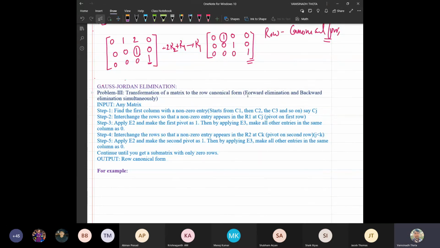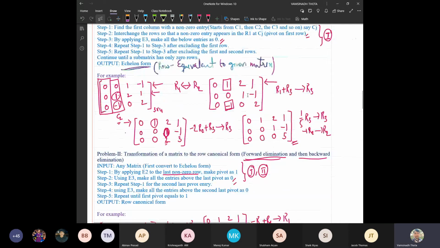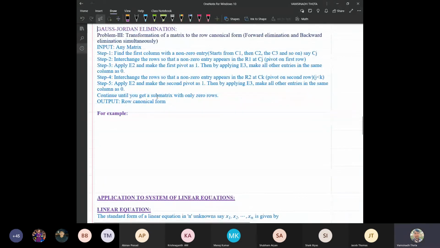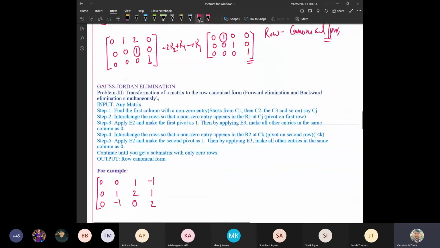Let us take the same example, the first matrix with which we started. So 0, 0, 1, minus 1; 0, 1, 0, 2; 0, minus 1, 0, 2, 1, 2, 1.